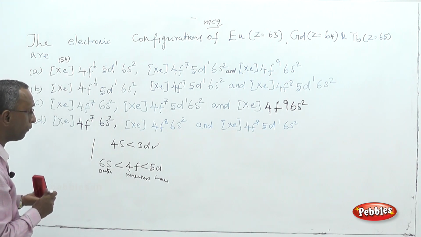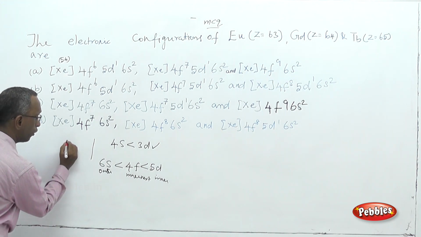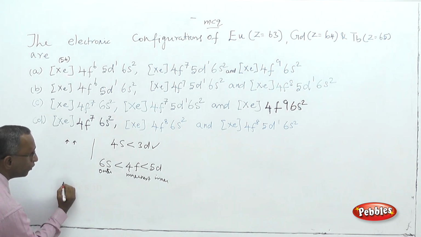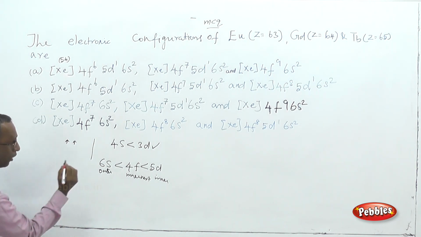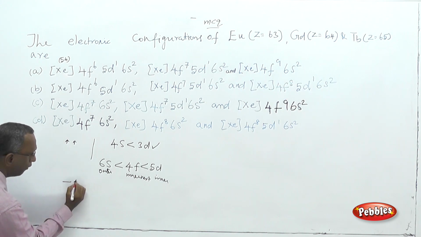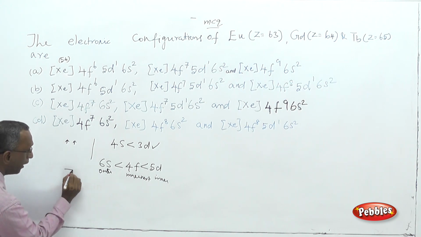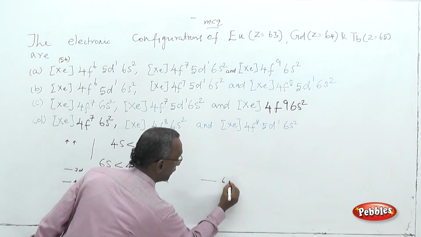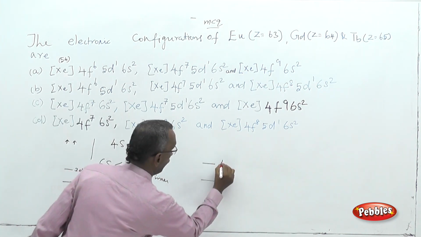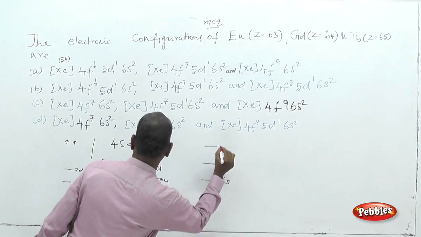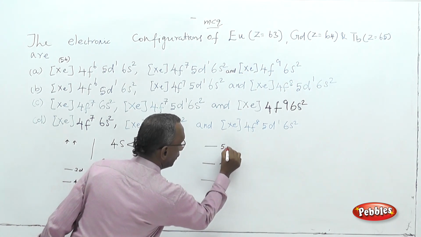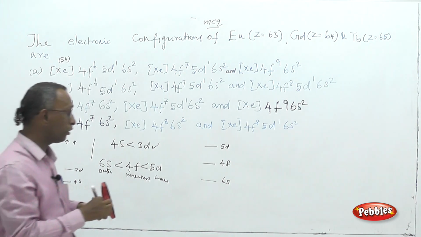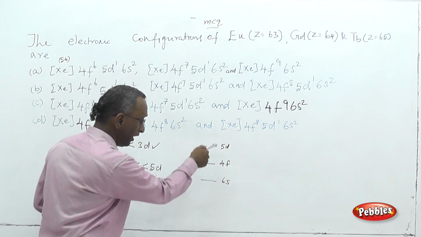Electrons tend to fill up in the increasing order of energy level: first 4s, then 3d; first 6s, then 4f, then only 5d. This is the increasing order of energy level, but you should not confuse it with these numbers.